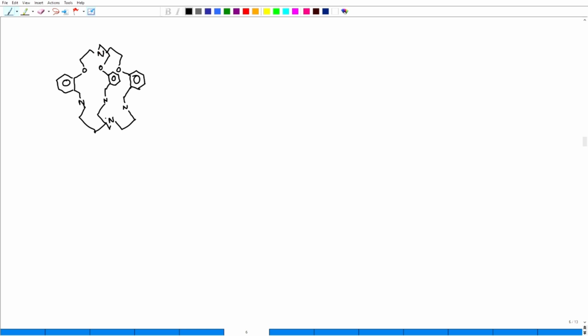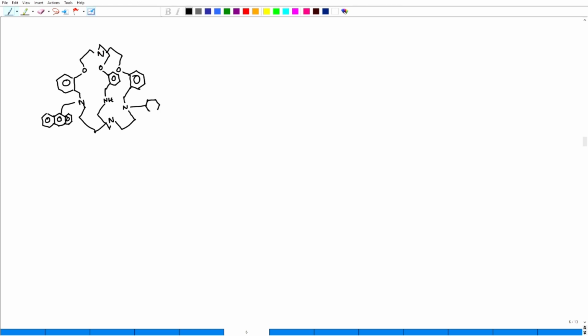Now, this particular compound, cryptand, is very easy because you can sequentially add. I have sequentially added anthracene and another fluorophore.